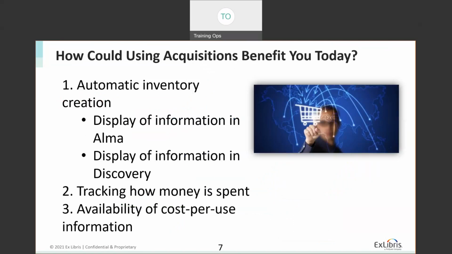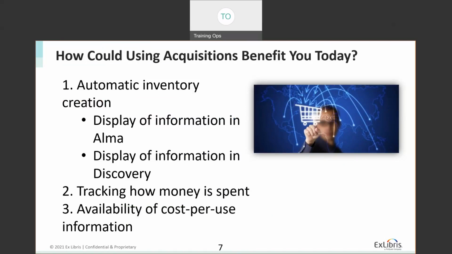And this slide is also from the very first week, where we talked about just some of the basic benefits. Automatic inventory creation in Alma, so that the display of information is accurate in Alma, and it's accurate in discovery. Also, acquisitions can help you track how money is being spent this year and previous fiscal years as you build up that history.